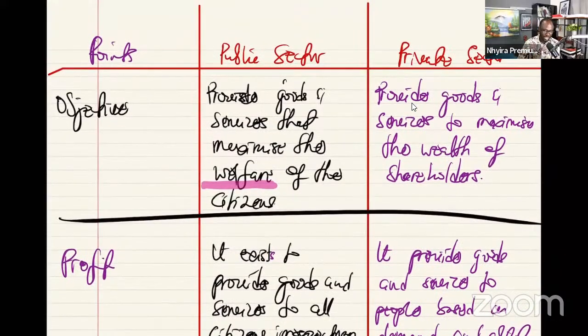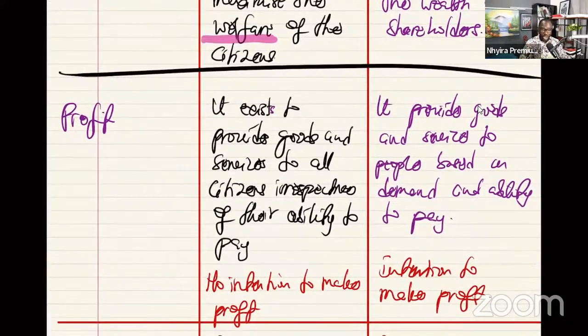In the private sector, we are not there for the welfare of any person at the end of the day. We are there to make money for our shareholders. So we want to maximize the welfare of the shareholders, profit-wise. Public sector entities don't exist to make profit. Ministry of Education, they don't exist to make profit. Ministry of Finance, they don't exist to make profit. Ministry of Gender and Social Welfare, they don't exist to make profit.